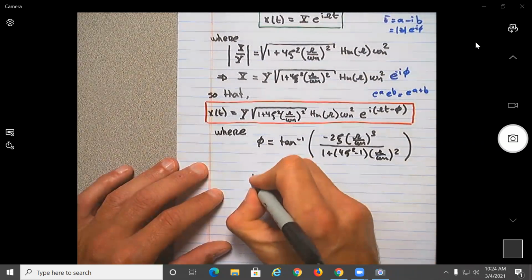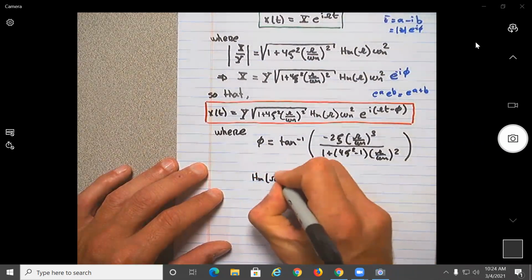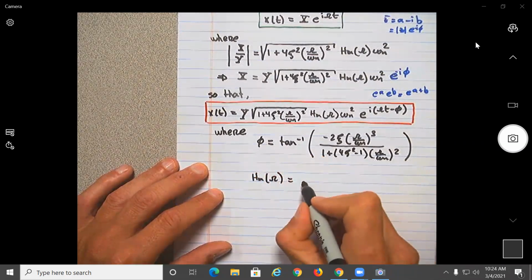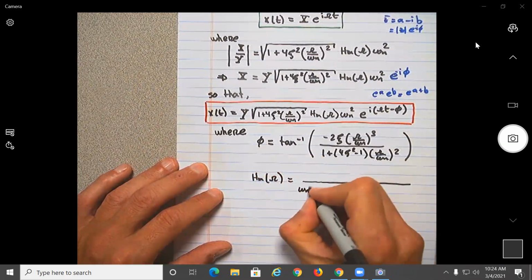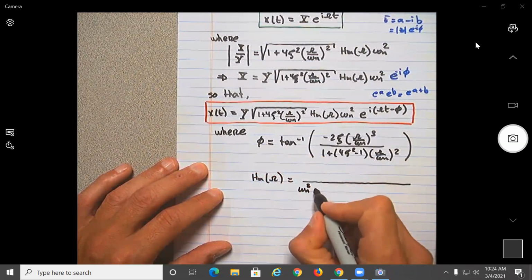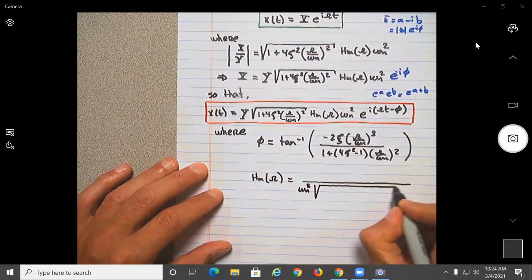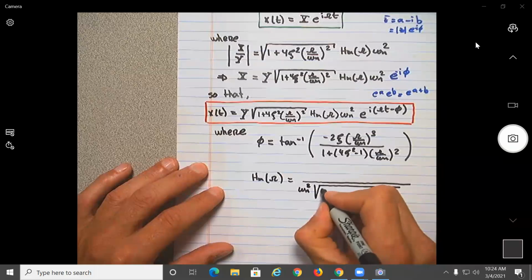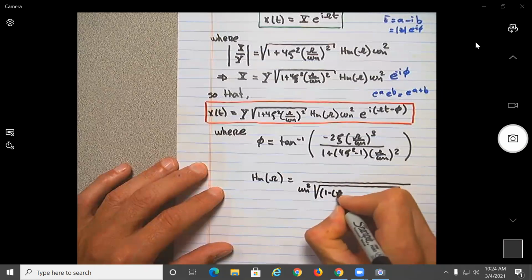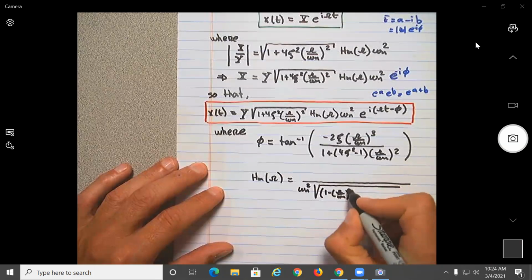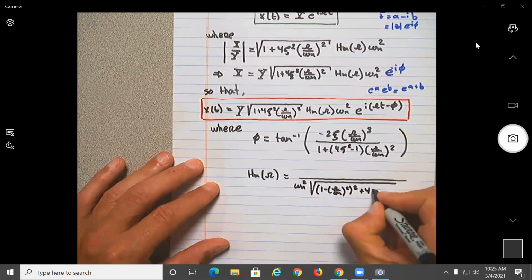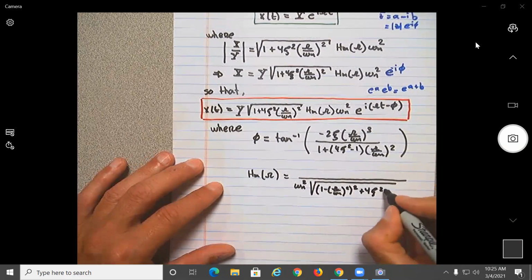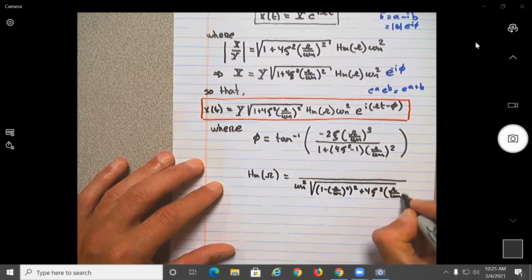And once again, the denominator is omega n squared times the square root of 1 minus the ratio of the frequencies. But be careful, this one is squared, everything squared, plus 4 zeta squared omega over omega n squared. And that's it.